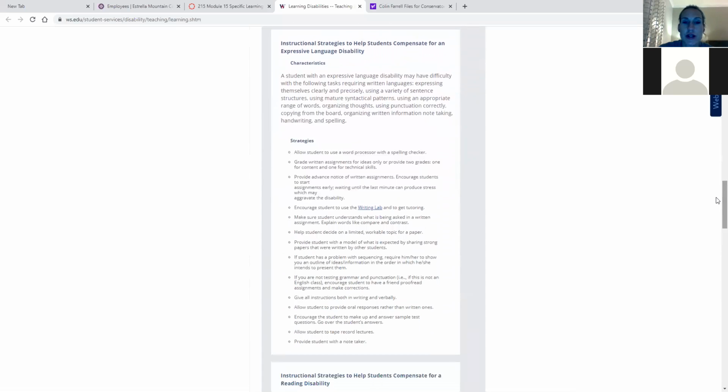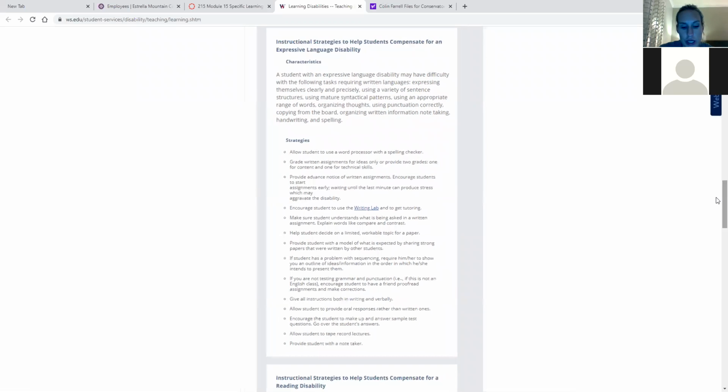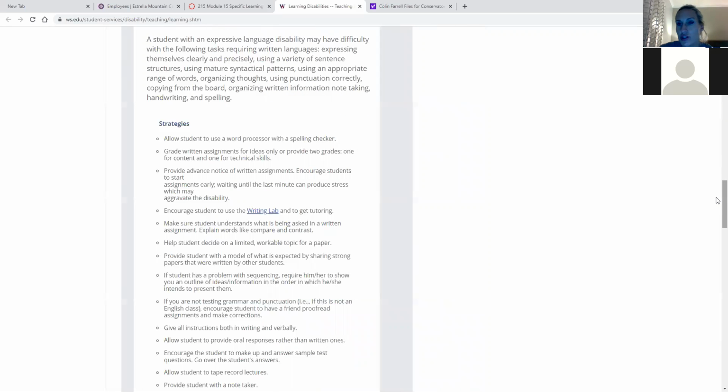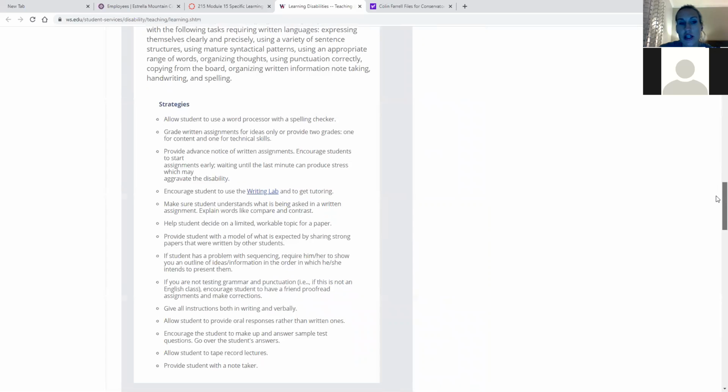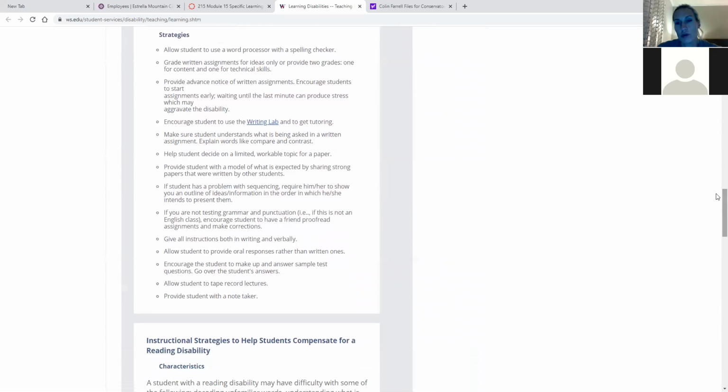So here's some strategies. Definitely when I'm working with the high schoolers in transition and college-based, use the Disability Center on campus, especially if they have a diagnosed learning disability or ADHD or some other type of disorder.